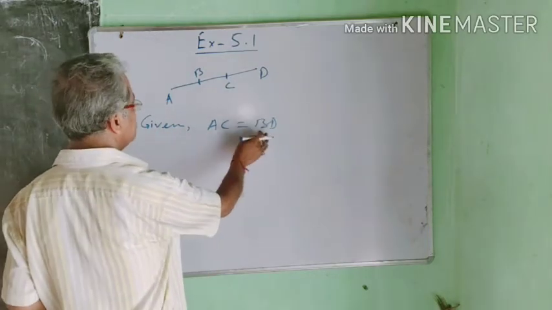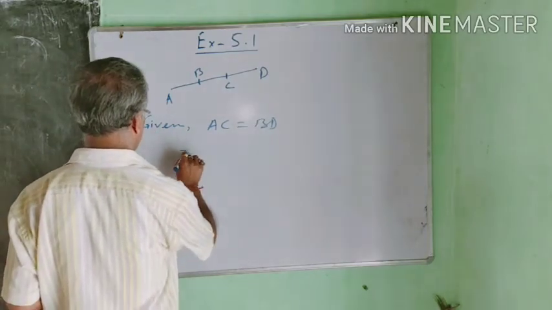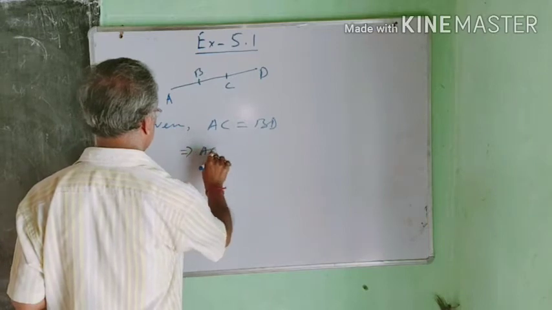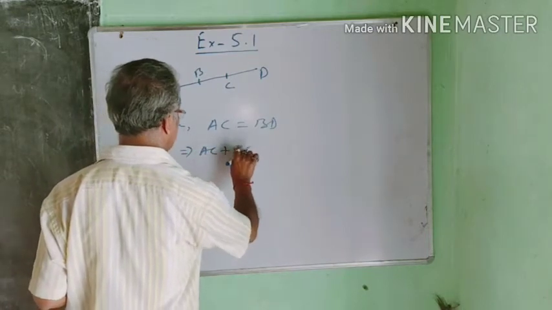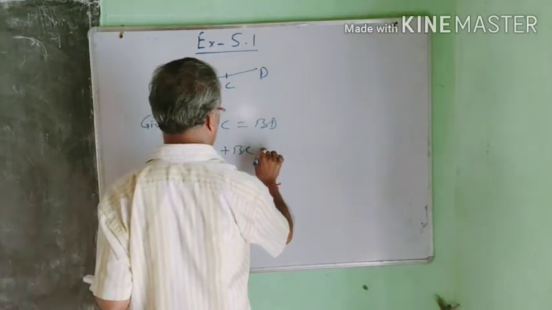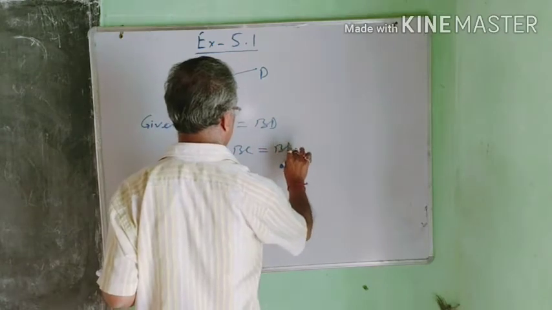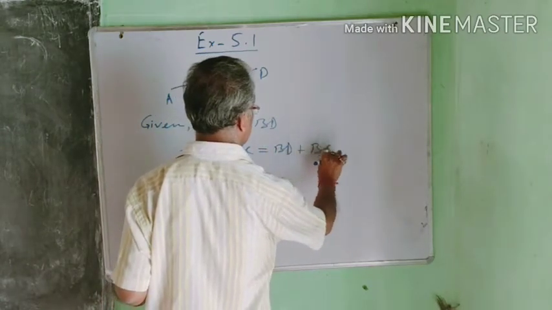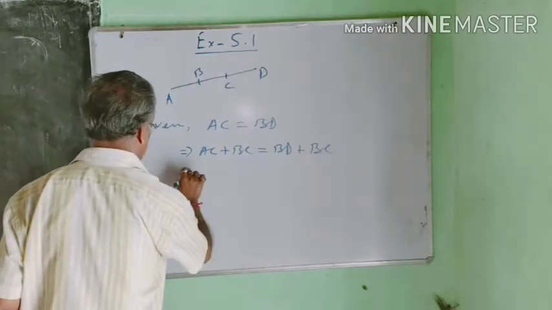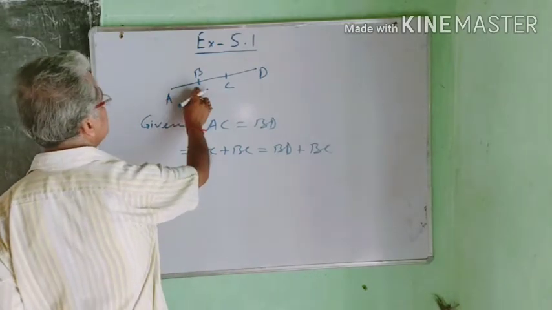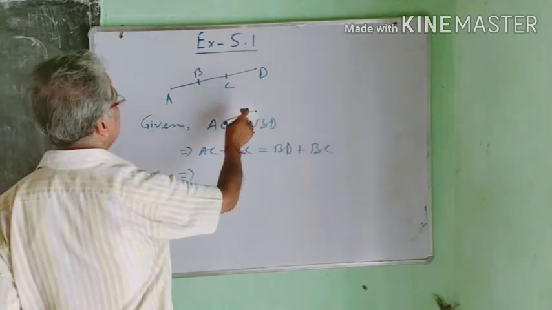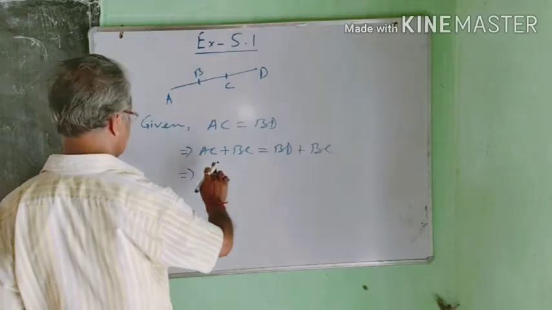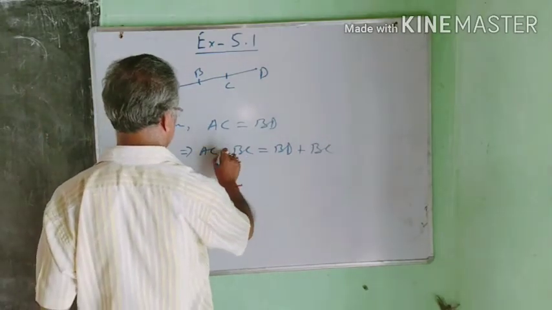So given AC is equal to BD, implies AC plus BC, add BC on both sides, BD plus BC. AC plus BC is AB is equal to CD. So we have to subtract, not add.